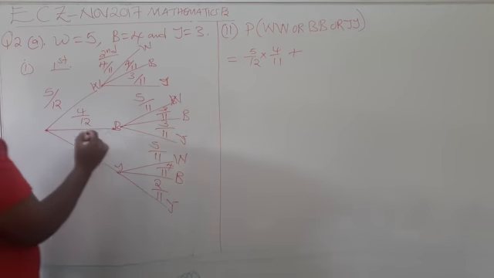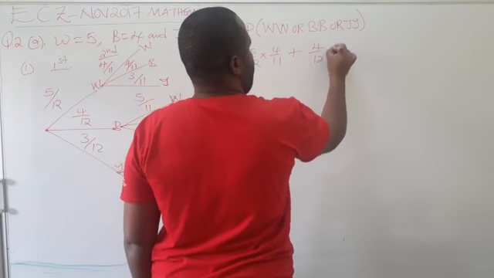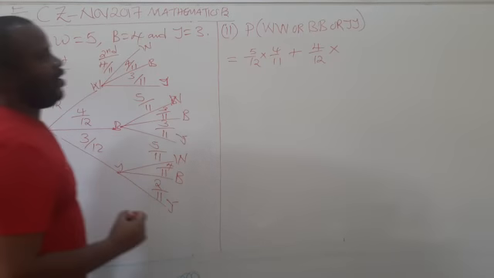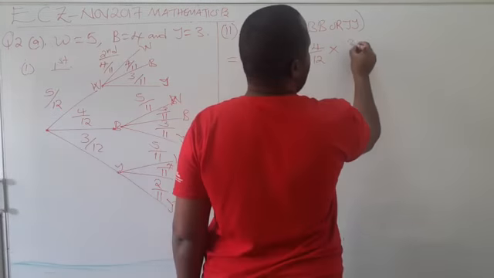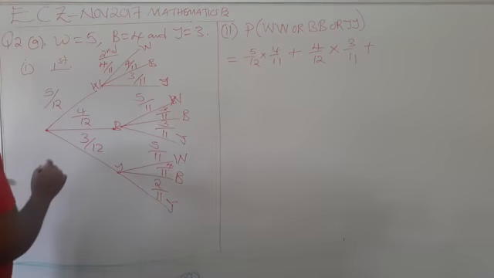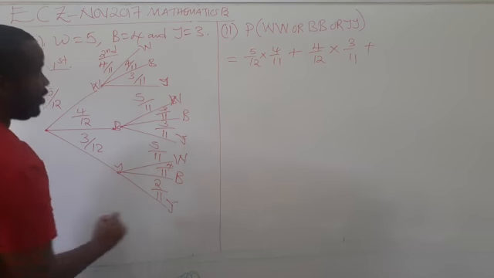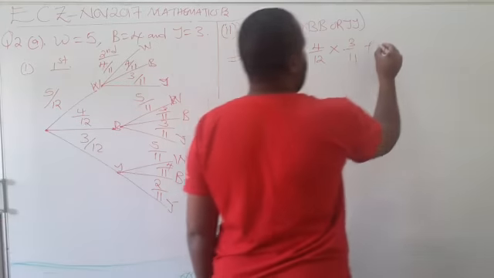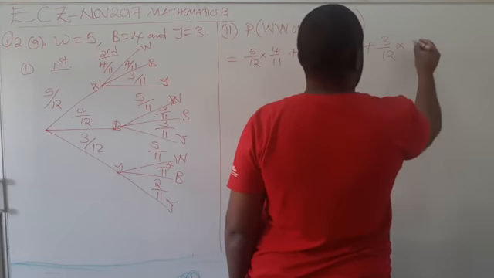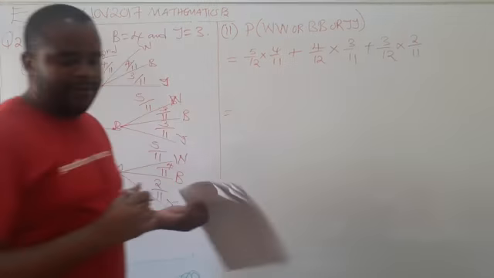Here it is 4 over 12 by this one here, it is 3 over 11, plus, because of this, yellow, yellow. So here it is 3 over 12 and here 2 over 11. So you have got 3 over 12 by 2 over 11. This is what we are going to have.